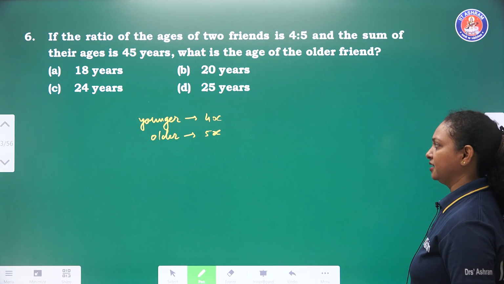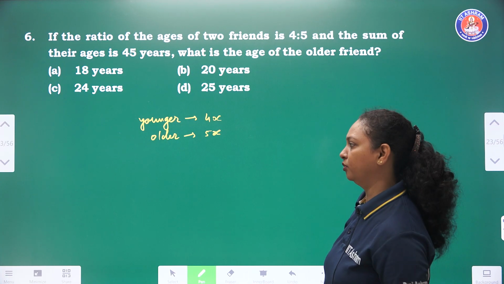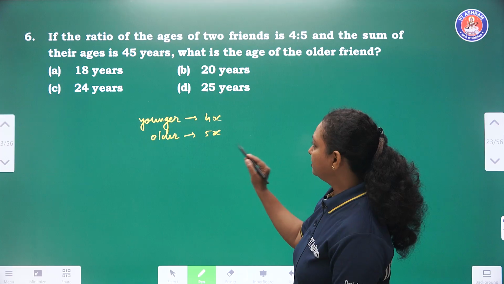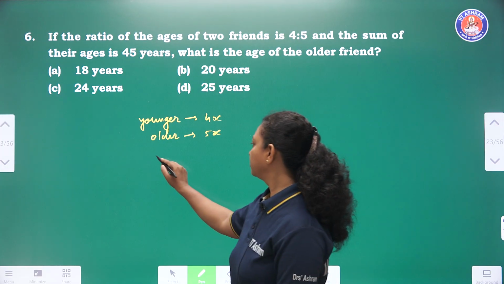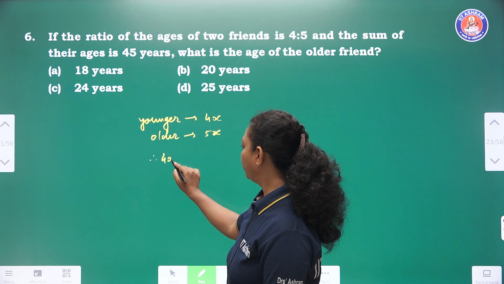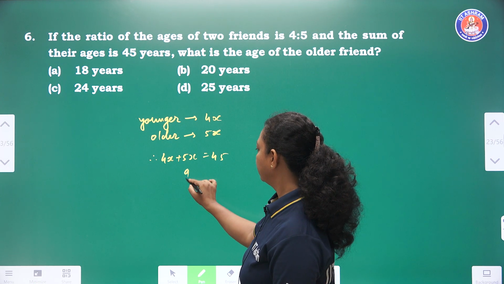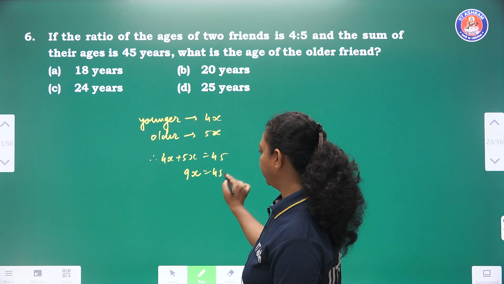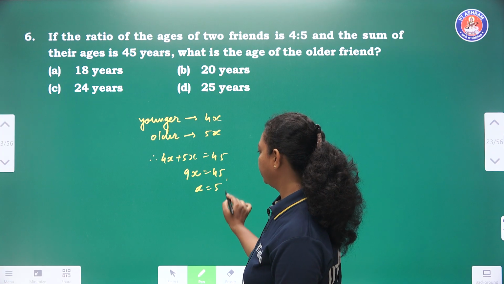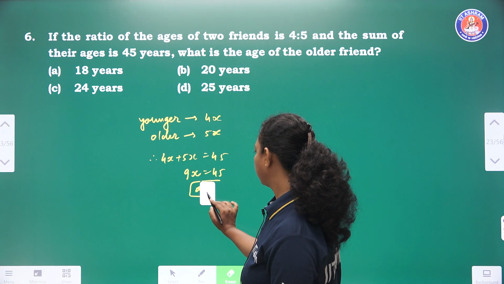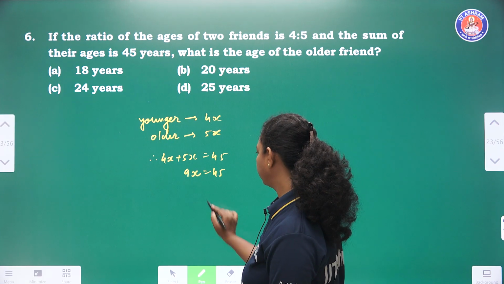That's why we write some multiple of 4 and some multiple of 5. What is the sum of their ages? 45 years. So simply we can write that 4x plus 5x is equal to 45. 9x is equal to 45. So x is equal to what? 5. What value of x did we get? x is equal to 5.